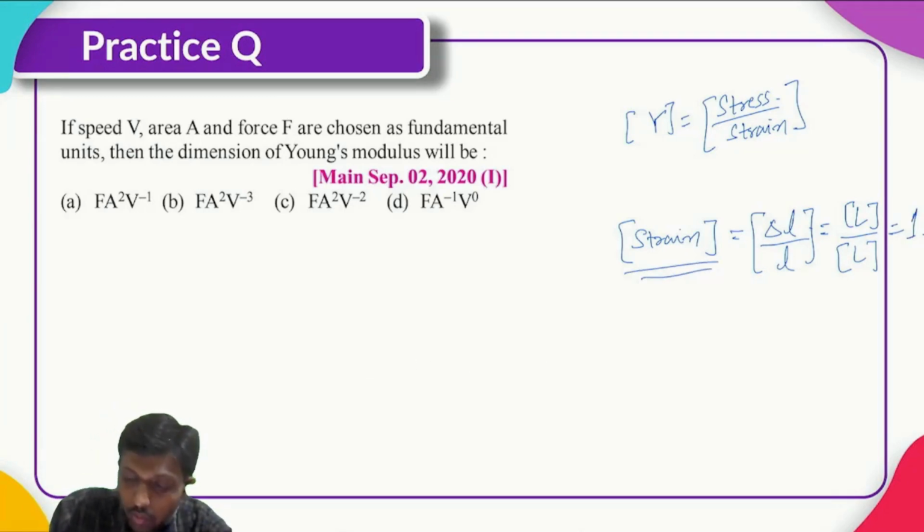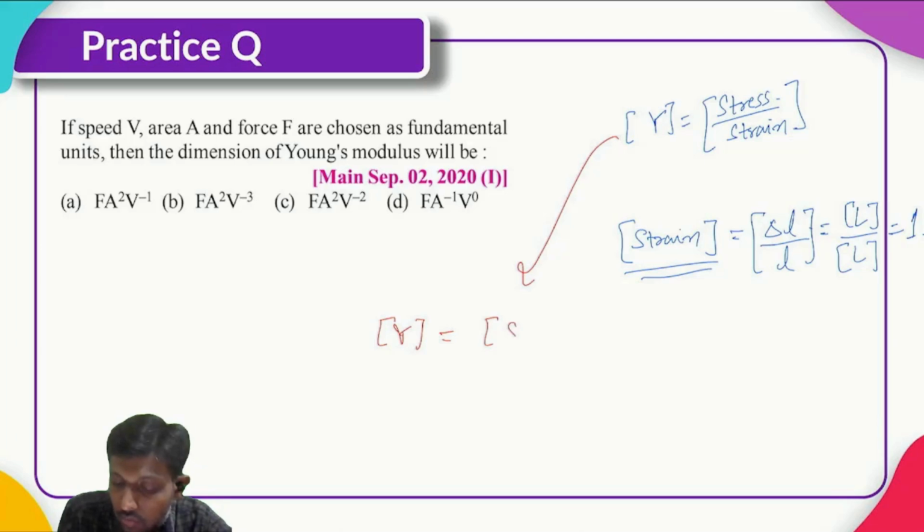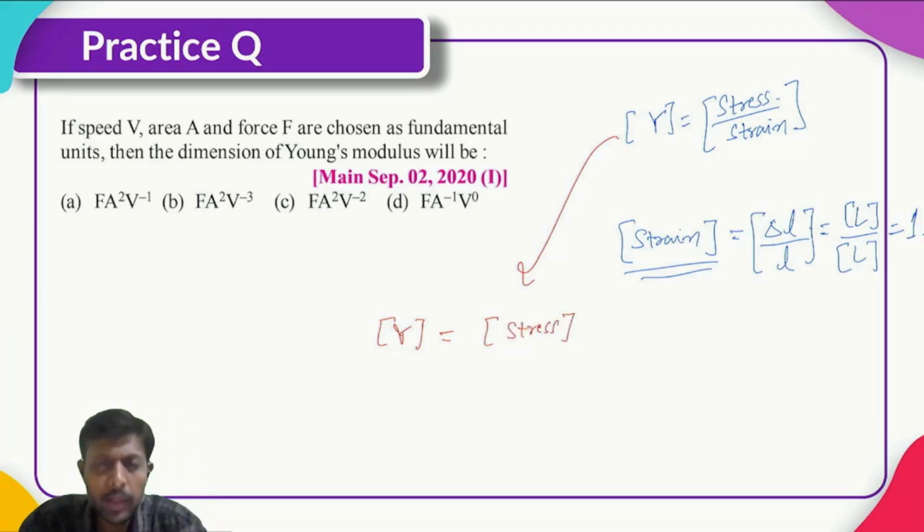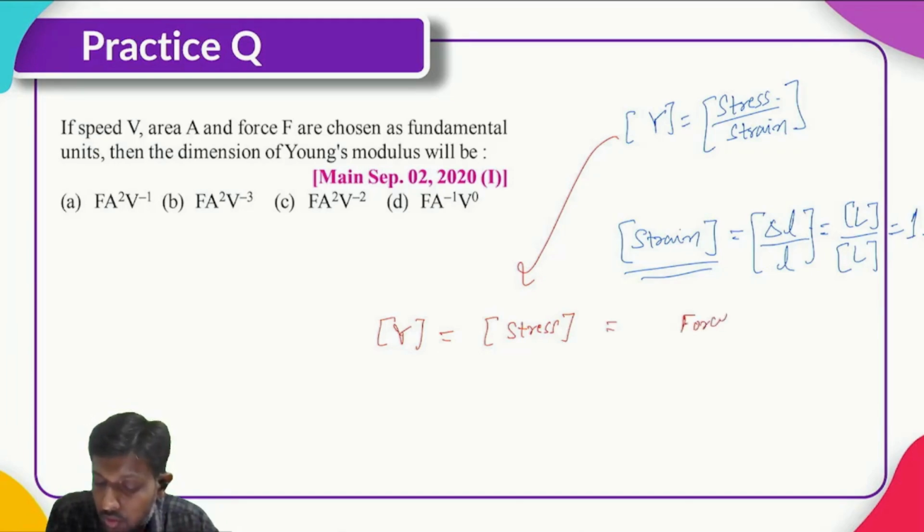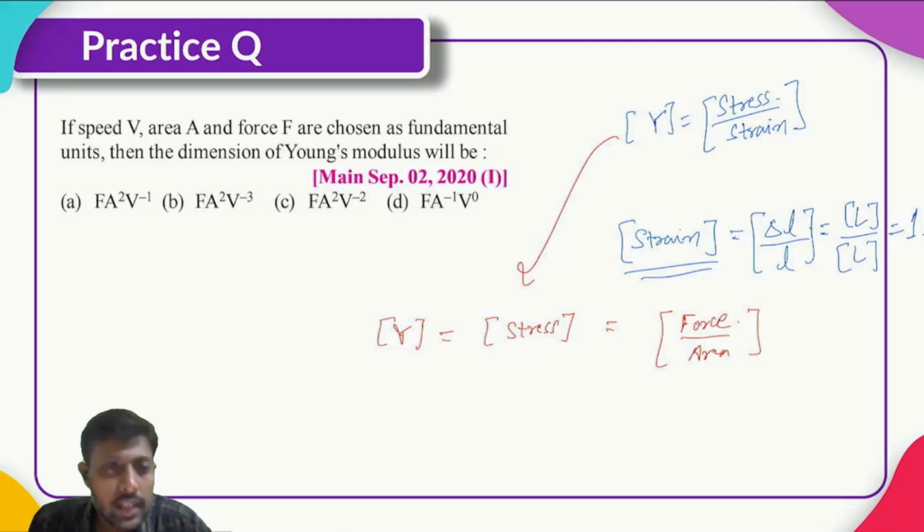So now from here you can say that the dimension of Young's modulus is the same as the dimension of stress. Is it not? Now what is stress? Stress is force per unit area. That's how we define stress, right? So from here, it's very easy to find the dimension of Young's modulus.